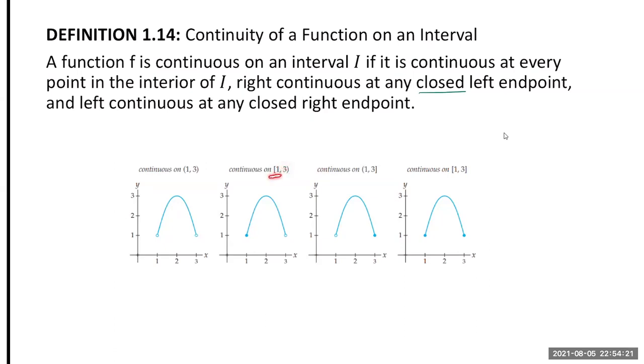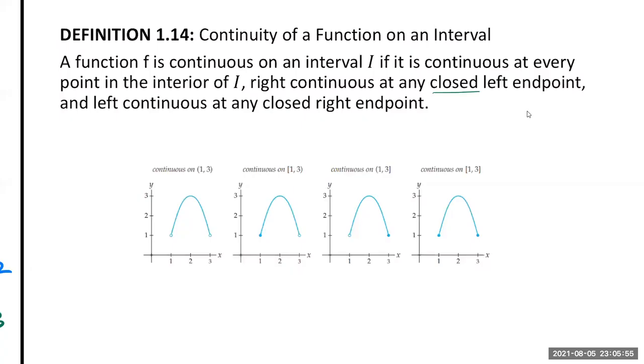So in that case, if you want your function to be continuous, since this is a closed left endpoint, remember my definition requires my function to be right continuous at a closed left endpoint. As you can see from this graph, your function is right continuous at x is equal to 1. Would you agree with me?